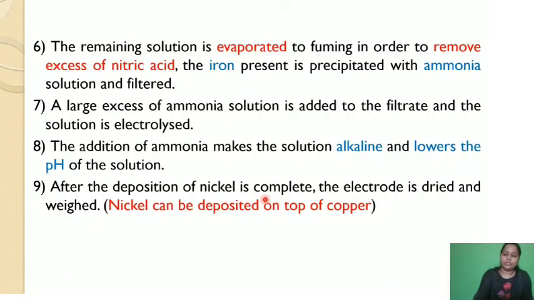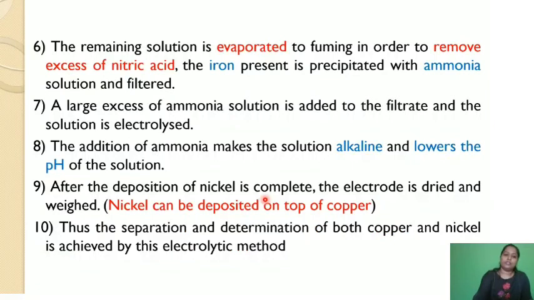Thus the separation and determination of both copper and nickel is achieved by this electrolytic method. It is an application of electrogravimetry for the separation of copper and nickel present in the alloy.